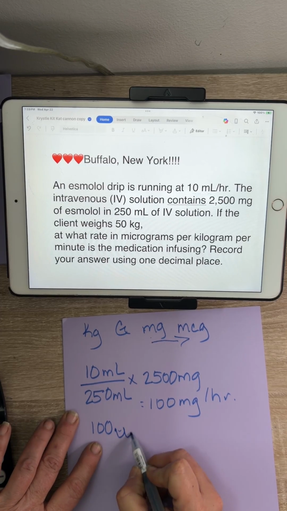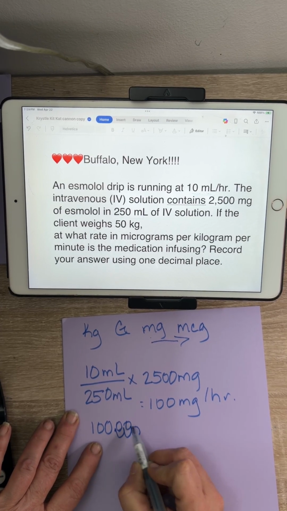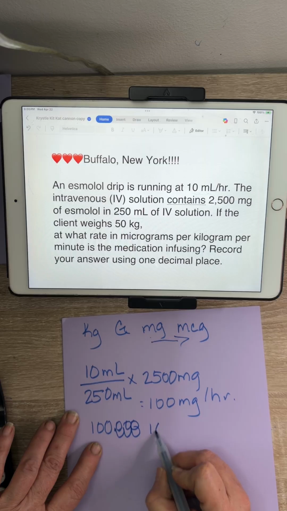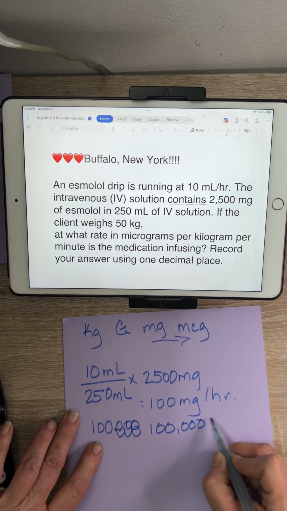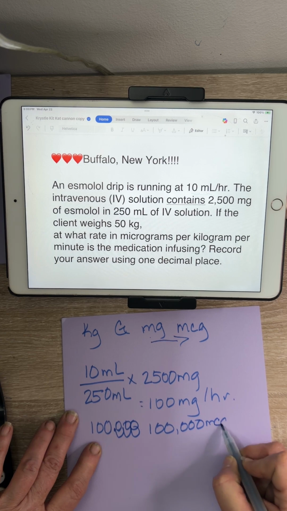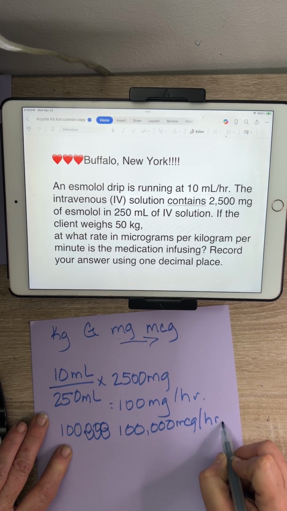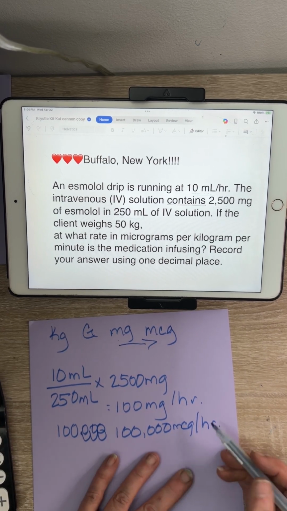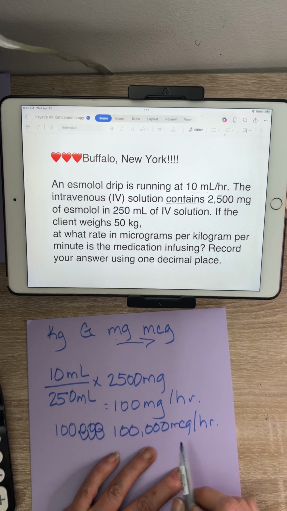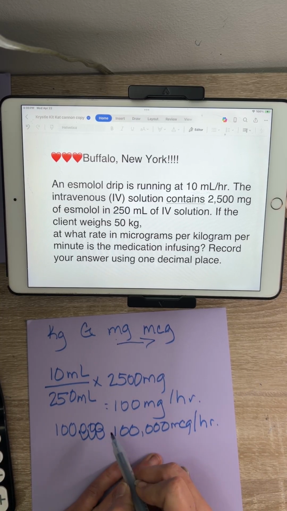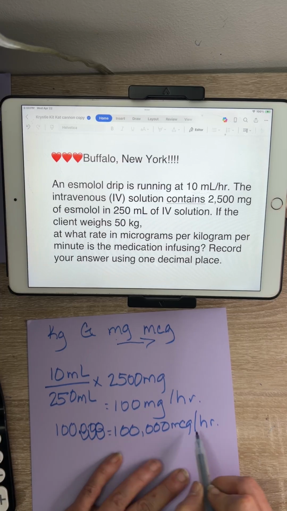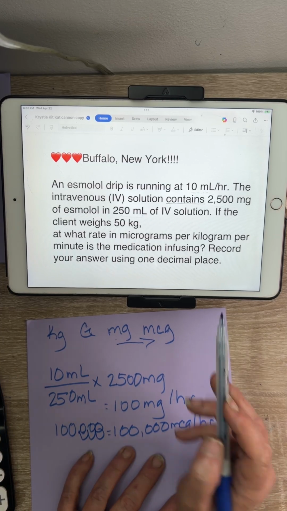So 1, 2, 3. So we know he's getting 100,000 micrograms per hour. Okay, I believe you're with me. If you're not, go pee, get a swallow of your beverage, and start it over. So this is micrograms per hour.